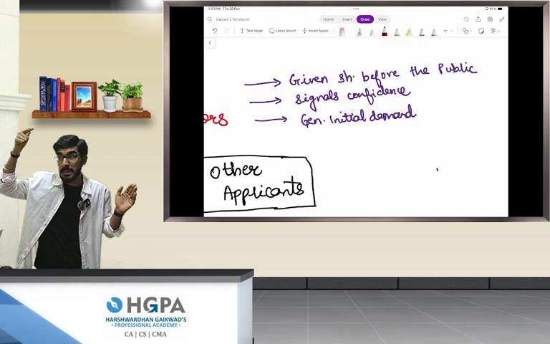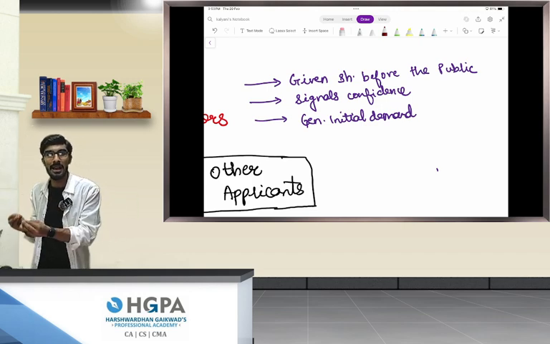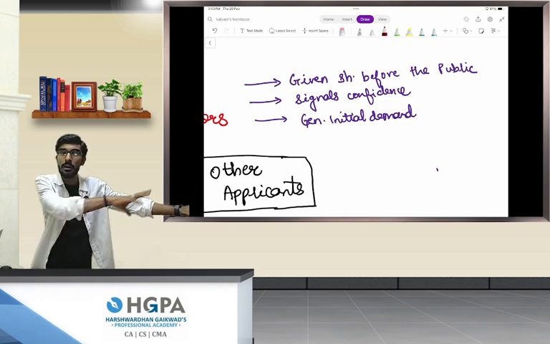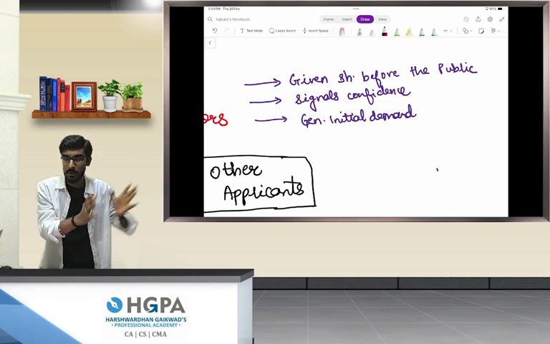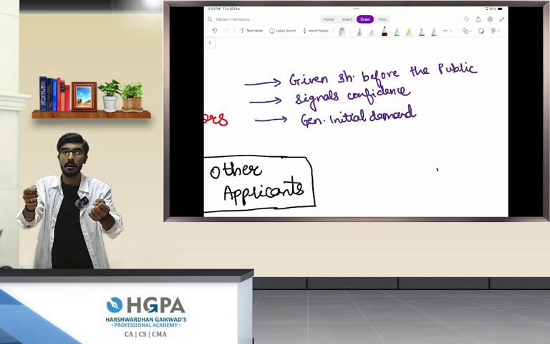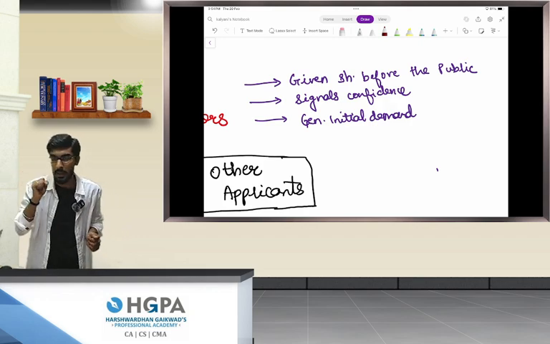Obviously it signals confidence in the mind of the small people, meaning retail individual investors or employees. If such a big person is investing in the company, that means it's a really good company. The IPO is worth investing in.